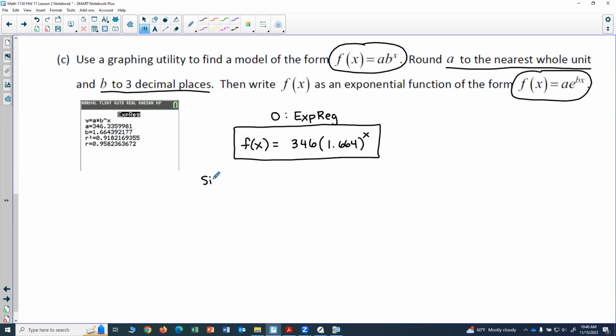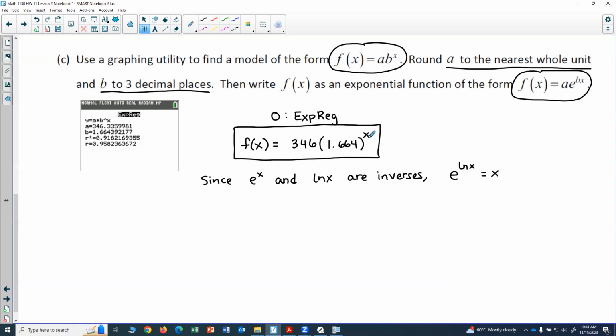Now, since e to the x and natural log of x are inverses, remember we learned they're inverse functions, we know that e to the natural log of x is equal to x.